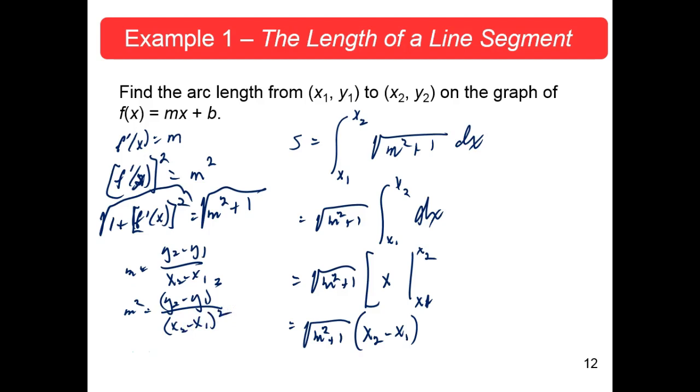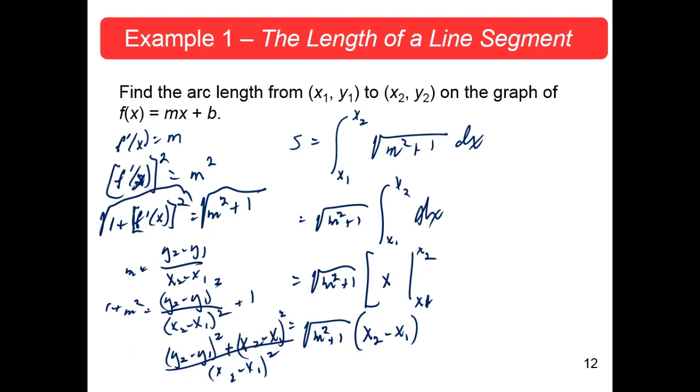Now add 1 to that, and you get y2 minus y1 squared plus x2 minus x1 squared, over x2 minus x1 squared. Would you agree with that?